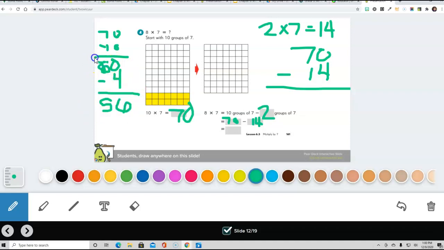So that would be a 5, and this would be a 10, so 56. Or I could just do this, 6, 10, 6, and 6 minus 1 is 5. So both ways are okay. So we know that 8 times 7 is 56.